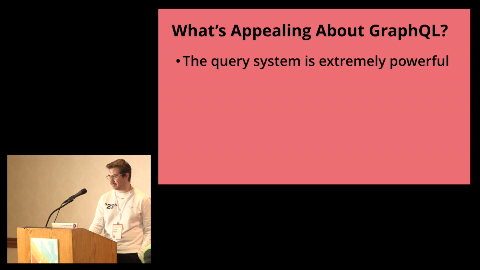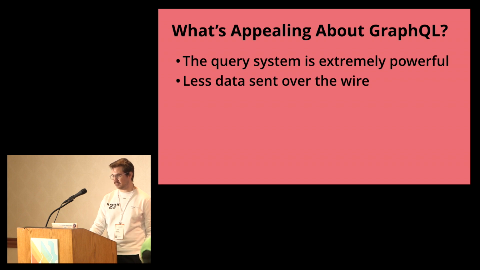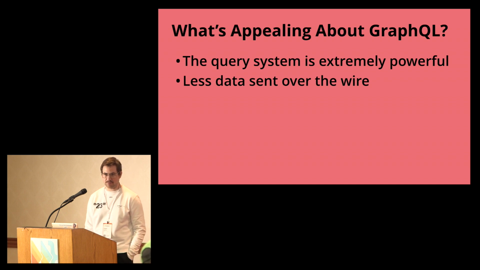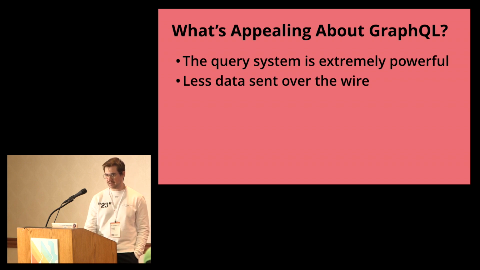Less data sent over the wire, theoretically. If you don't need all the data, you're not going to send all that data over the wire using a server. So especially on mobile, this is important. I think Lee Byron says that the initial thought for GraphQL came from the Facebook mobile app, and especially when they started moving worldwide, you have a lot of high latency internet environments, and the less data you send over the wire, the better, because you only take what you need.